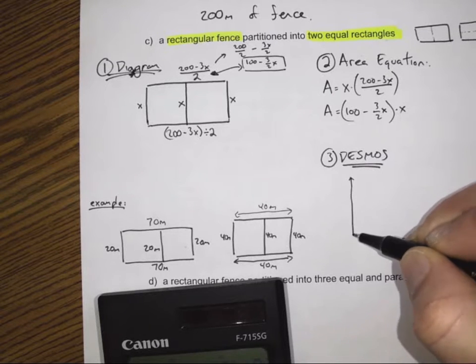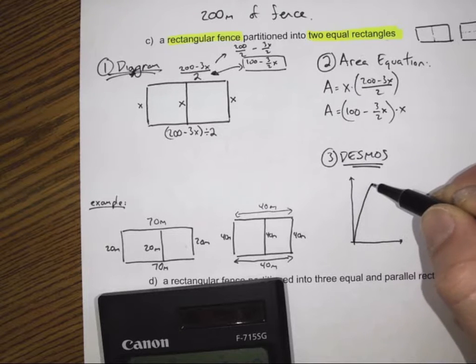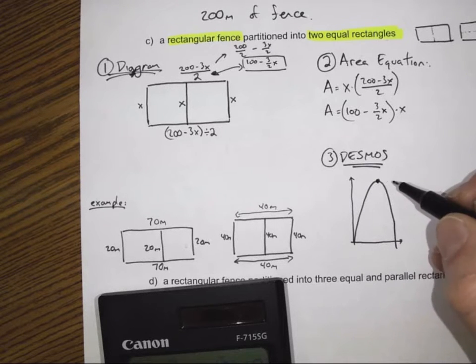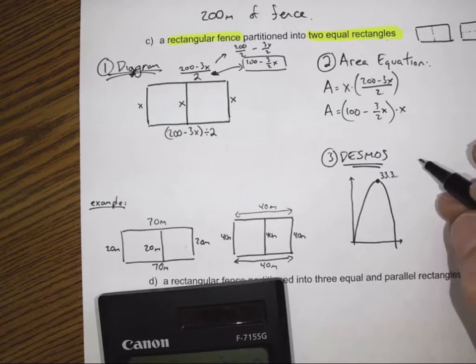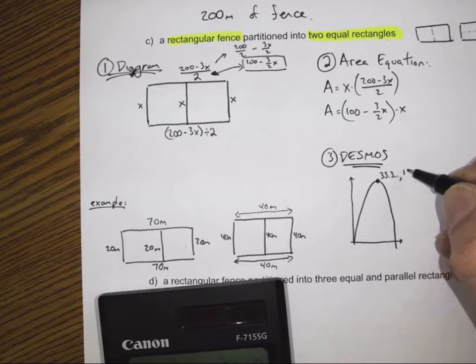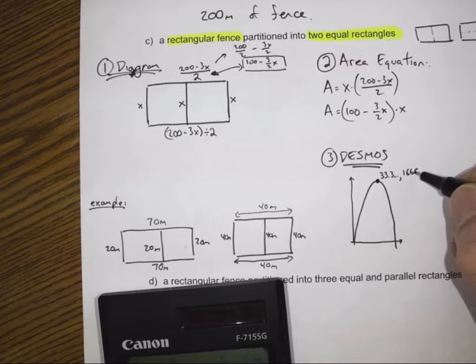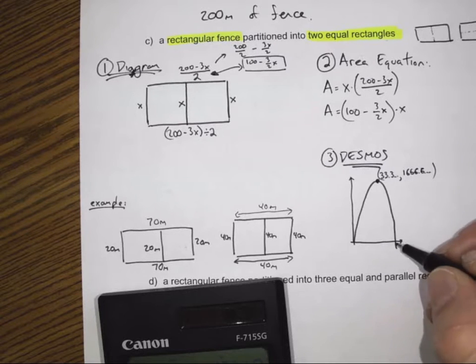So I end up with a y and an x, and I get a vertex up here, and it's at a value of, oh, it looks like a decimal, 33.3 repeating, and 1,666.6, I'll keep that.